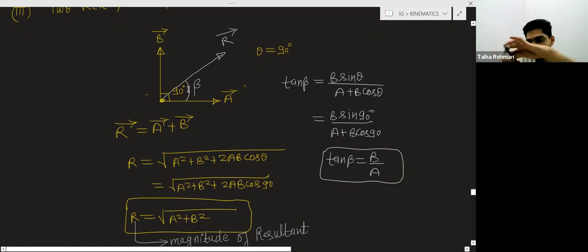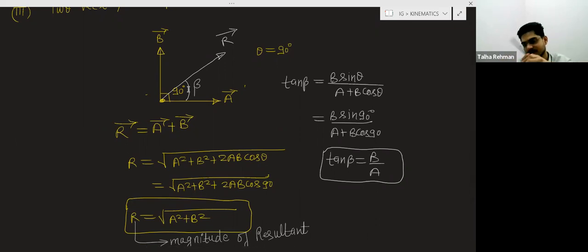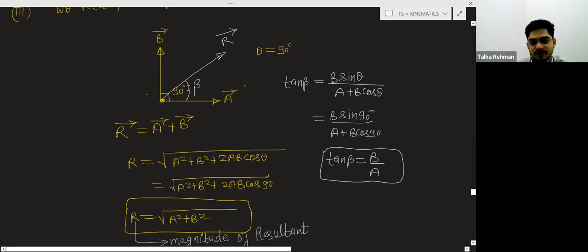I have told you, angle represents the direction of the vector. So basically this beta is the angle between one of the vectors and the resultant. So this beta is representing the direction of the resultant vector. If I increase the angle, the direction of the resultant vector will change, right?